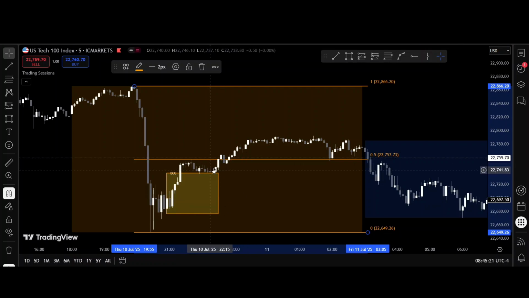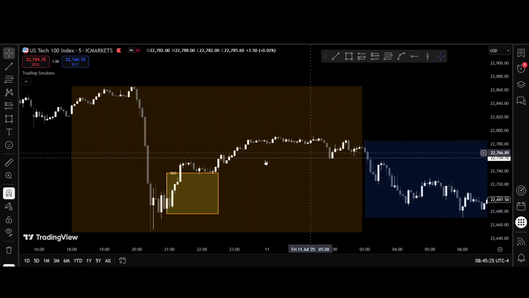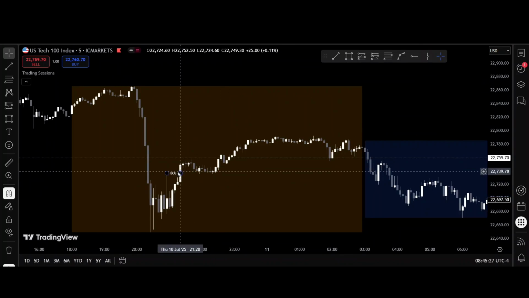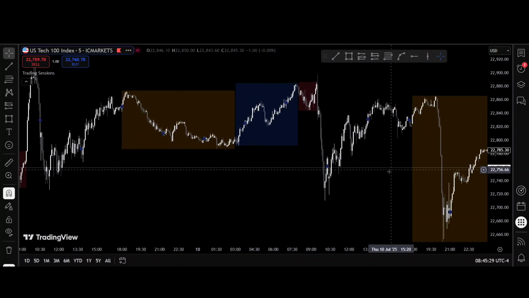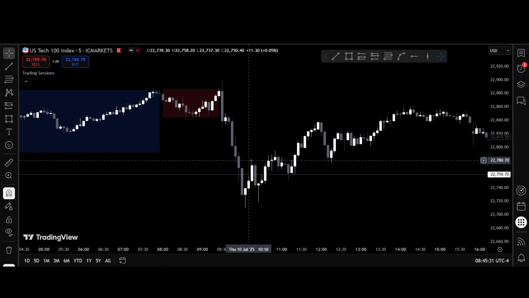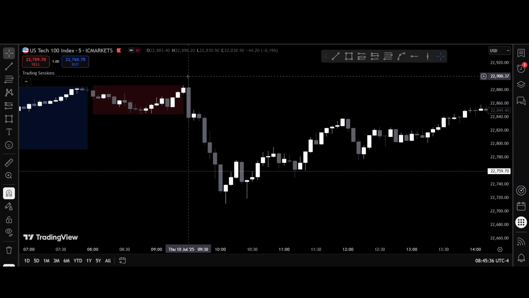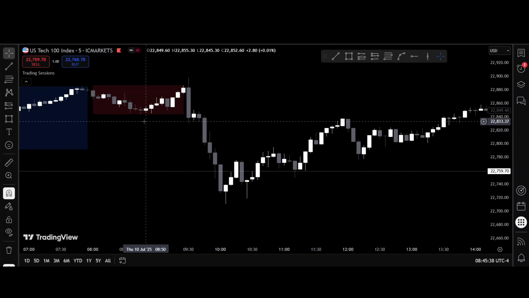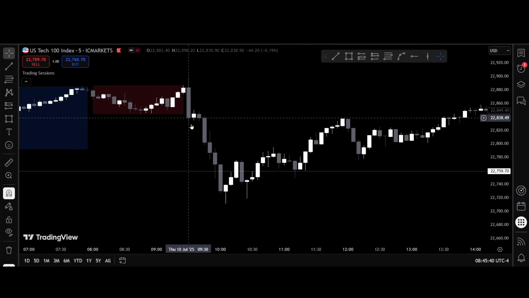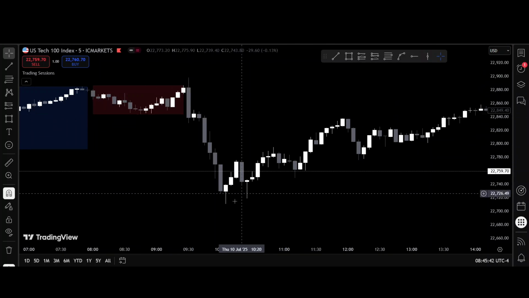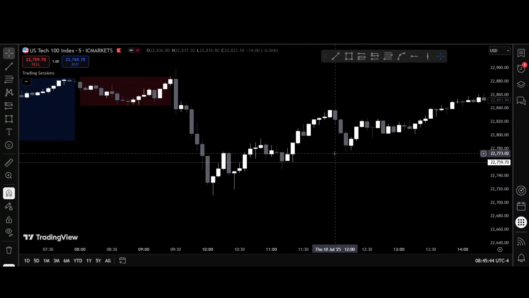Not really that much room, but yeah, bro. This is just for the sake of the example. It's not a really good one. Downtrend right here. High, low, lower low, lower high, lower low. Break of structure.